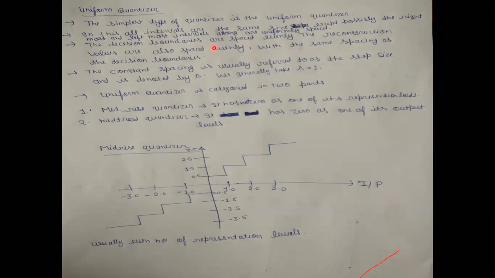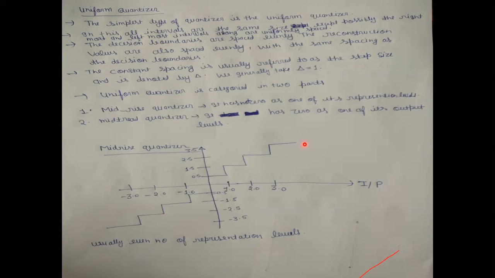So in the case of audio coding scheme, we will not use the mid-rise quantizer. We will only use the mid-rise quantizer in the case where we will not get 0 as an output value.